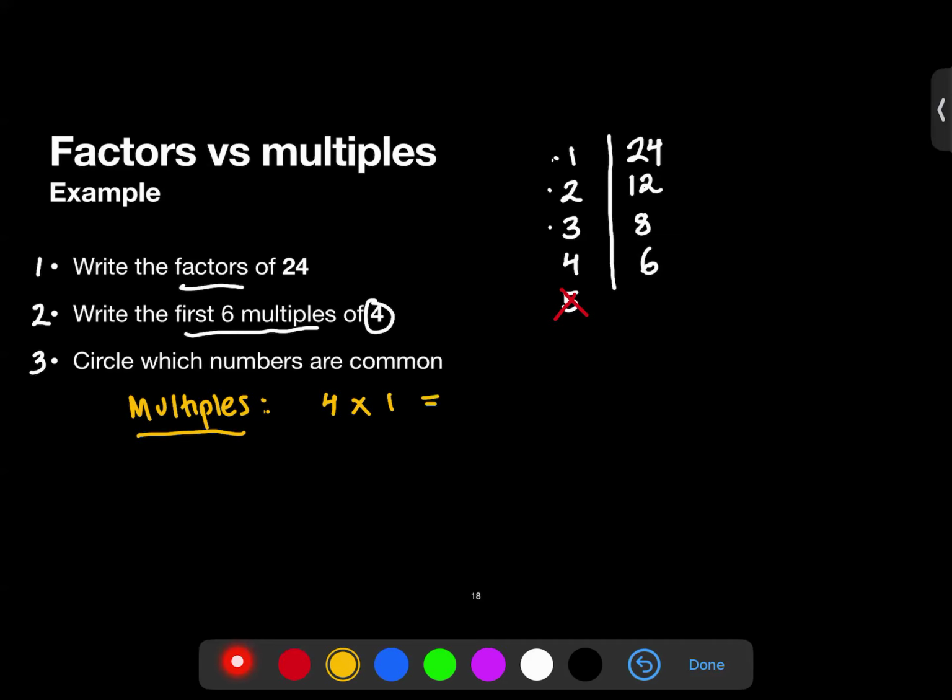So our first multiple will be 4. Next, we'll try what number? 2.